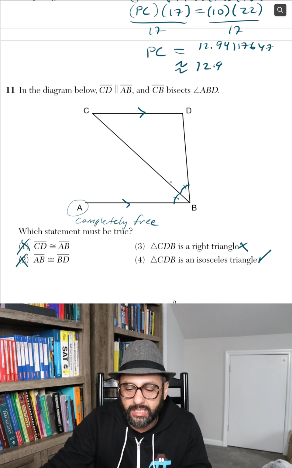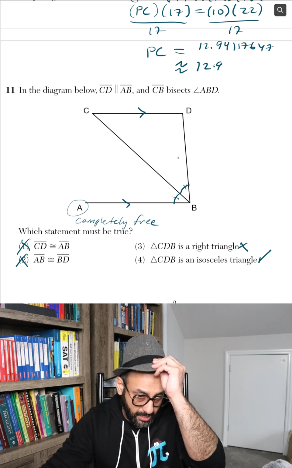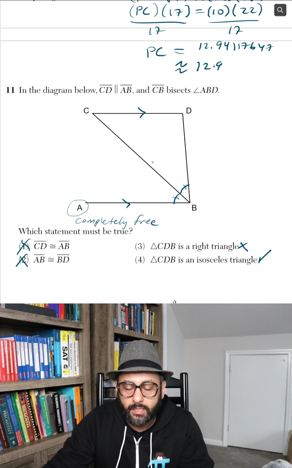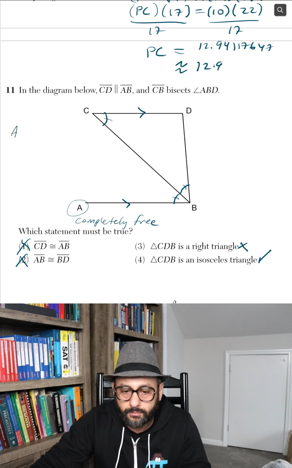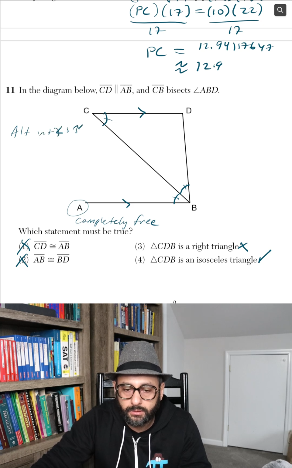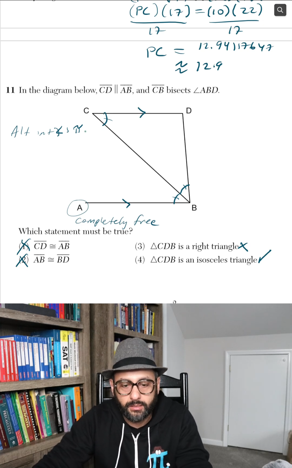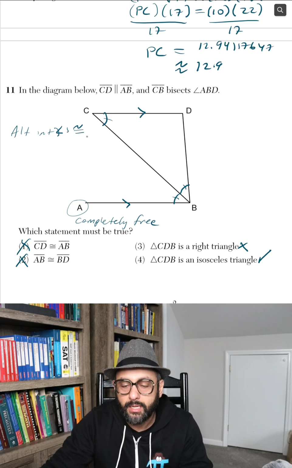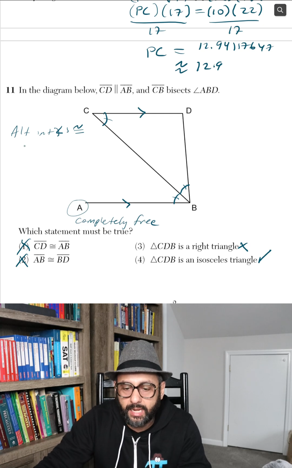Angle ABC. So remember that CD and AB are parallel, and they're cut by transversal CB. So alternate interior angles are congruent. Okay? So that means that angle ABC is congruent to angle DCB.